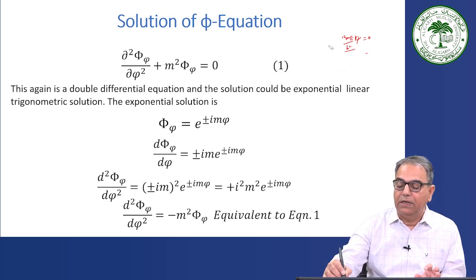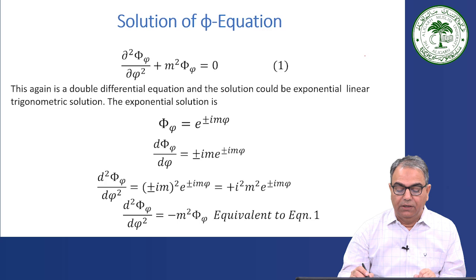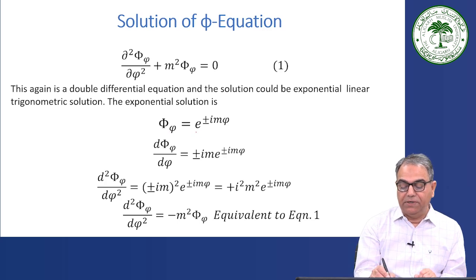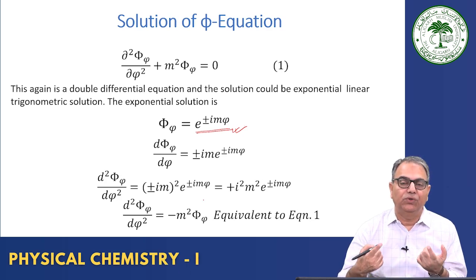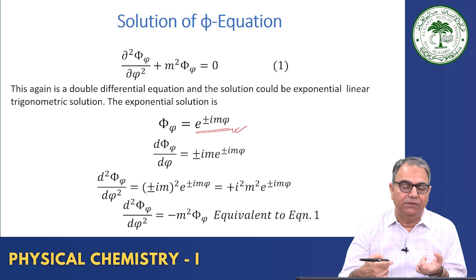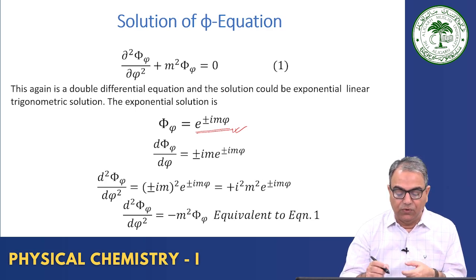Okay, and we can write the exponential solution for this one, and the exponential solution could be phi phi is equal to exponential plus minus i m phi. This is the solution. If you want to prove this, then in the usual way, you differentiate this wave function once and then again twice.